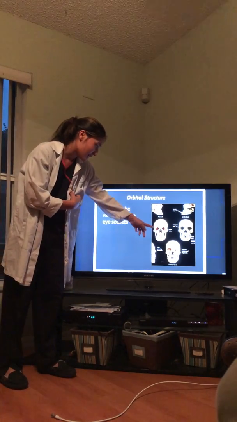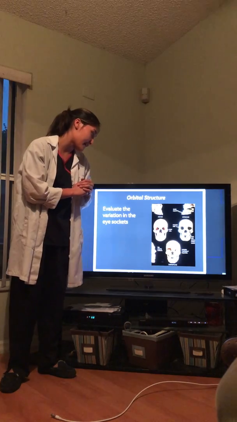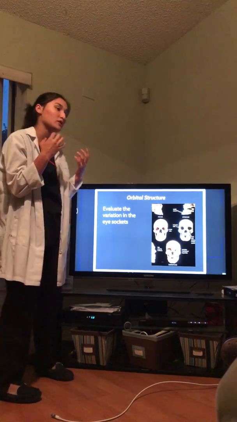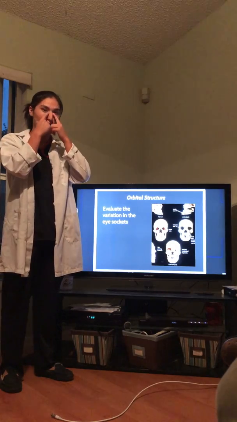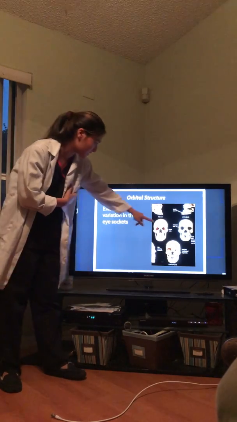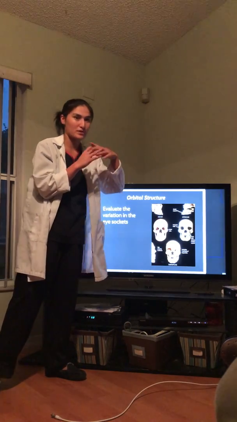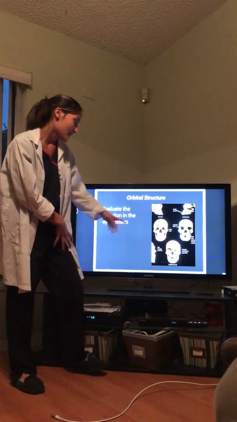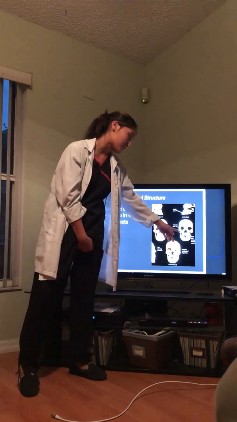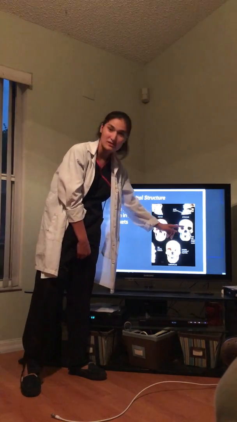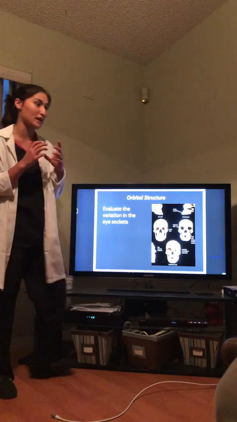An Asian typically has very circular orbits. As you can see, it's mostly circle, not a lot of sharp angles. And then on an African person, as you can see, they have very sharp angles, most resembling a rectangle.